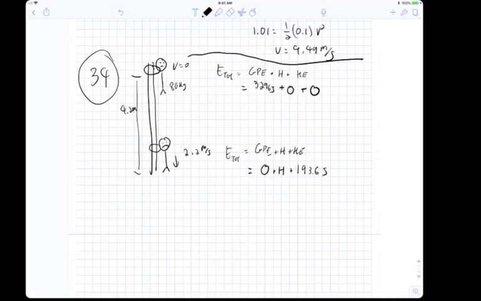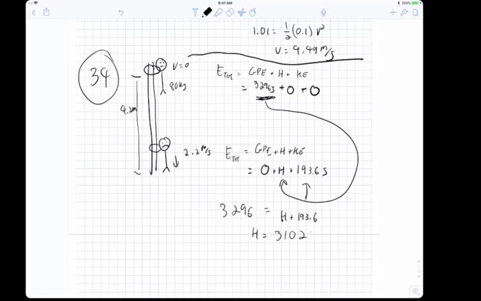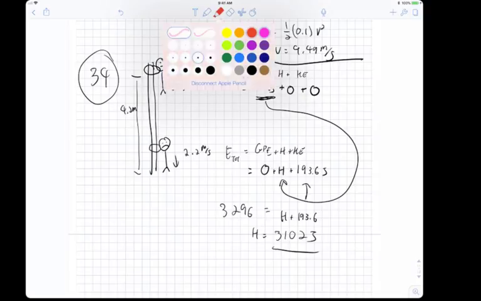So somehow all of this energy went into these two. 3,296, the total energy at the top, H plus 196, H is equal to 3,102 joules of heat was generated. Poor guy. Ouch.